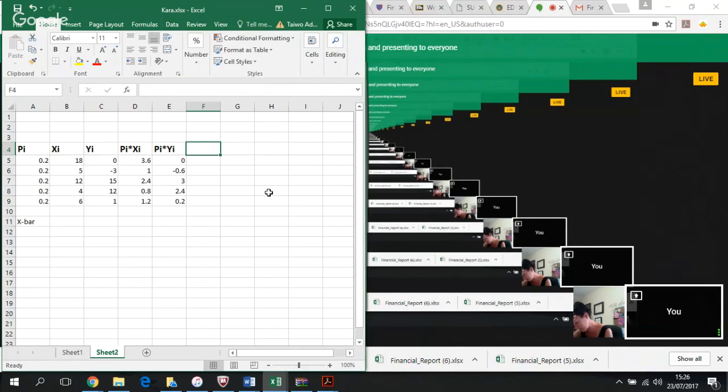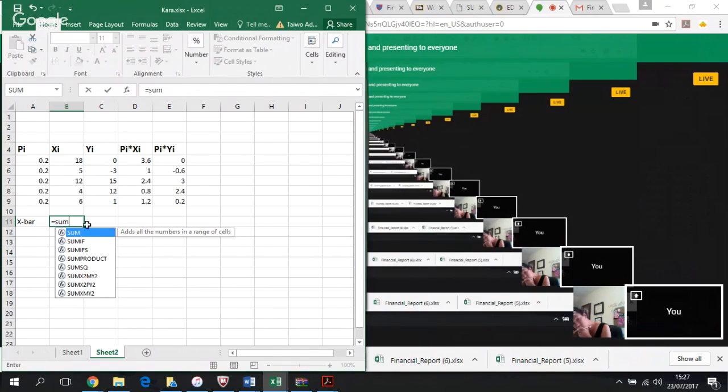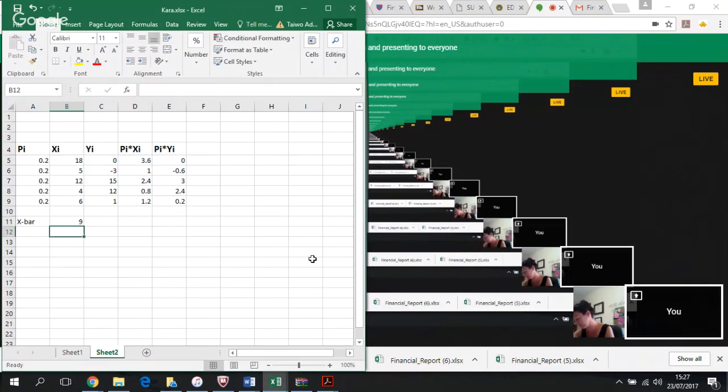Okay, so can we quickly just calculate the mean, calculate the variance, and we'll just solve the covariance here. So the mean is the sum of this, right? Yeah.